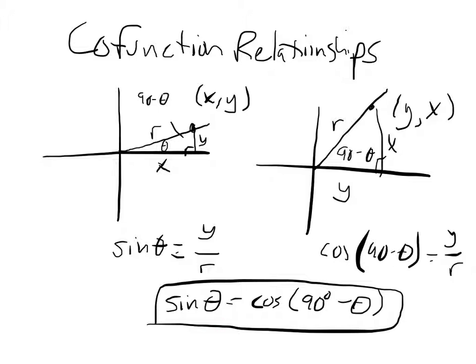You can have your angle theta being 150 degrees or 400 radians or whatever. The relationship will hold. For example, sine of 120 equals the cosine of 90 minus 120. But to illustrate why it works, I just want to persuade you with a very specific acute angle theta in that first quadrant.